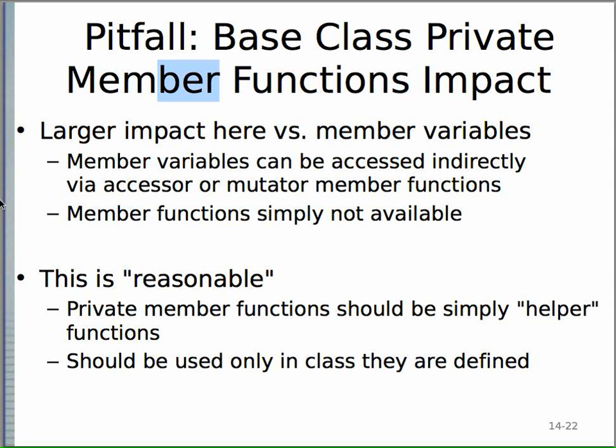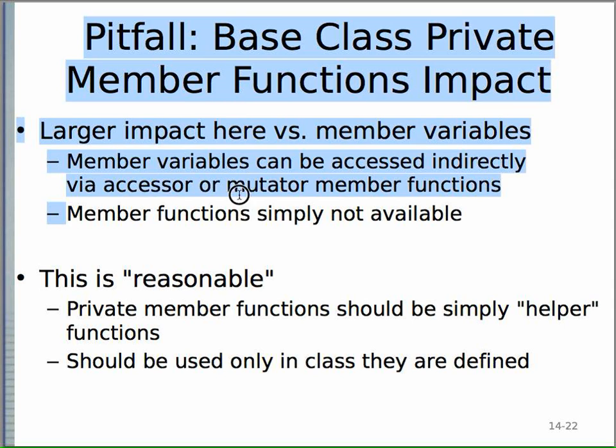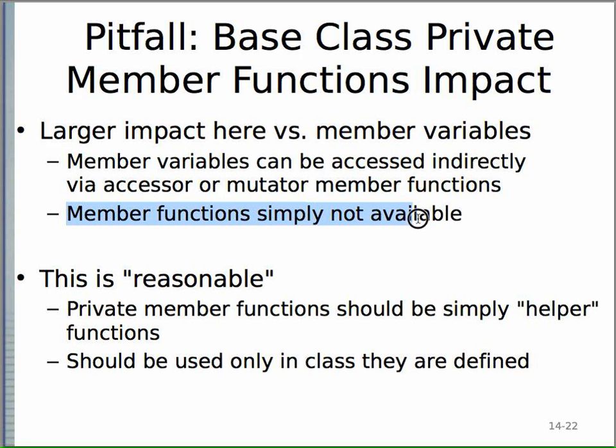These private member functions are simply not available in the derived class. So for private member functions, they have a larger impact than member variables, because there is a second way to get to member variables, that is through get and set methods. This is reasonable. This is how you want things to be. Private member functions should simply be helper functions for the base class.